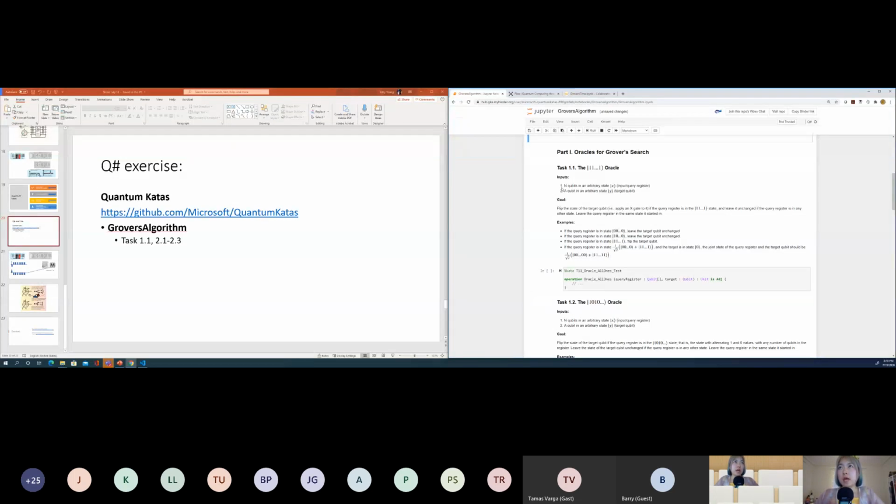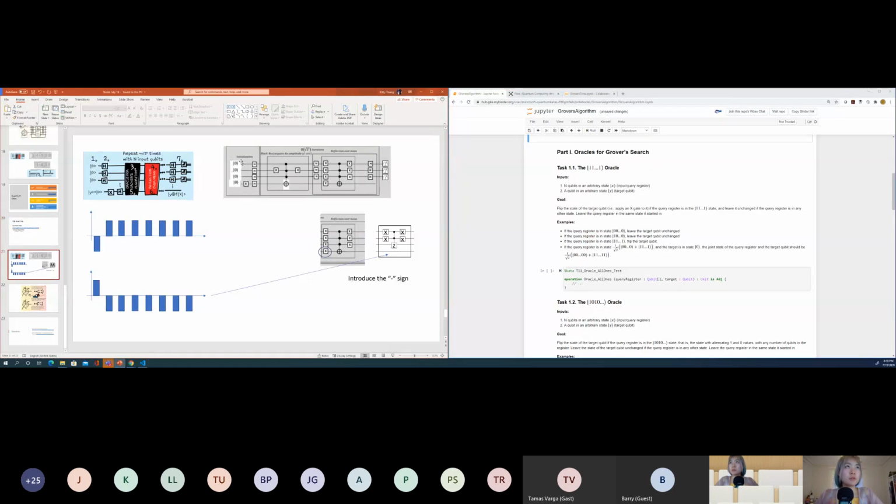We are given n qubits as our arbitrary states, so all of our input qubits. But in this case, we have n, not just 3. And that's also, by the way, why a language like Q# is powerful: we're not limited to a small number. We can scale it up to any number of qubits.